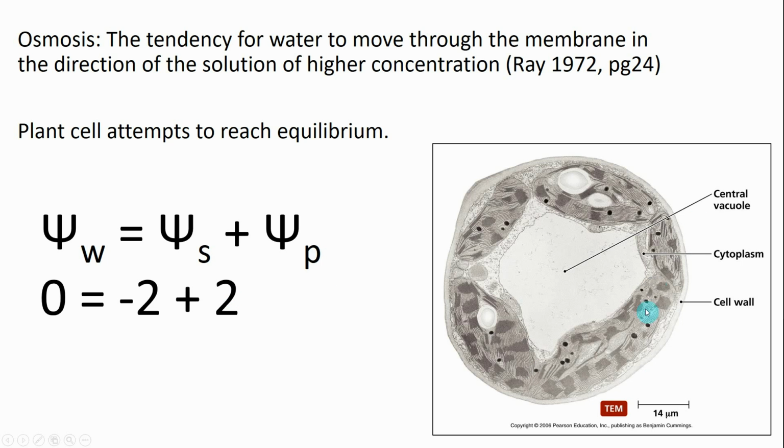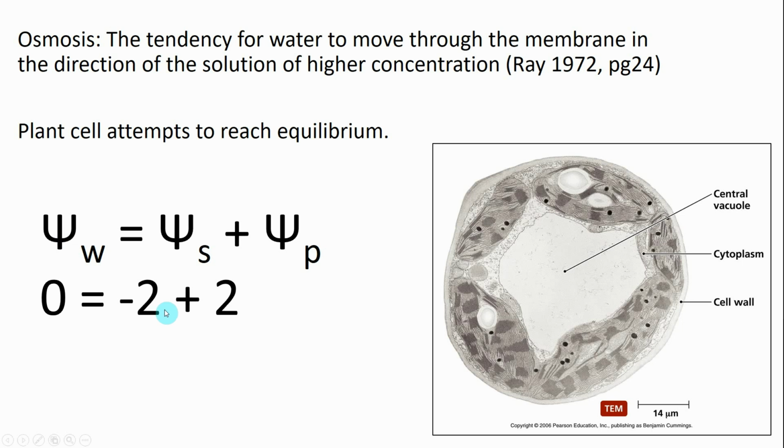So you have a solute in the cell. The solute potential is -2, and it's drawing water in. And then all of a sudden, you're going to reach a point where the pressure potential equals the solute potential, and you have an equilibrium. You have a homeostasis vibe where the water's coming in and it's flowing out, and it's keeping the plant nice and turgid, nice and strong.